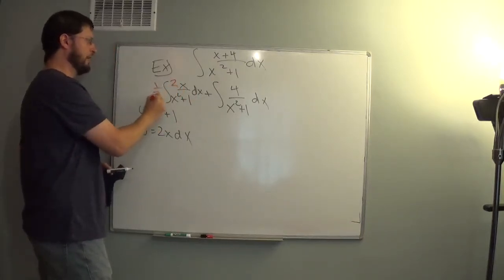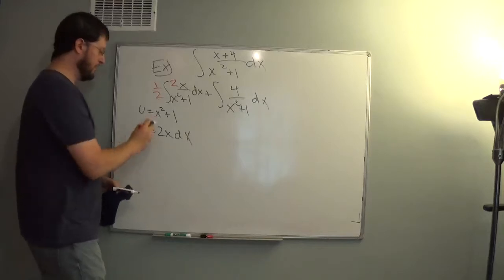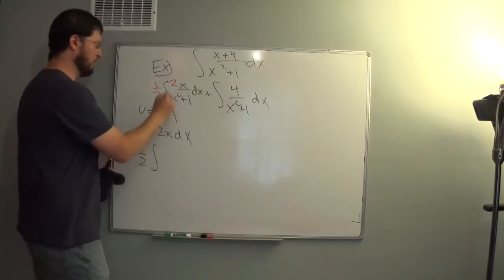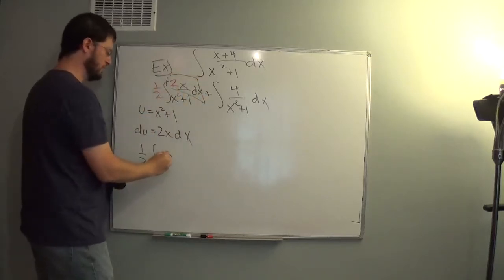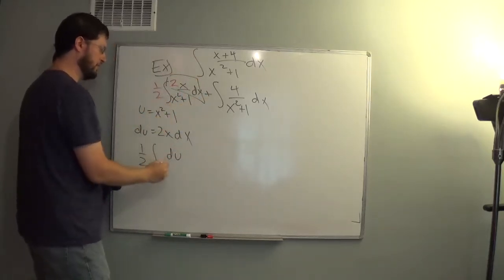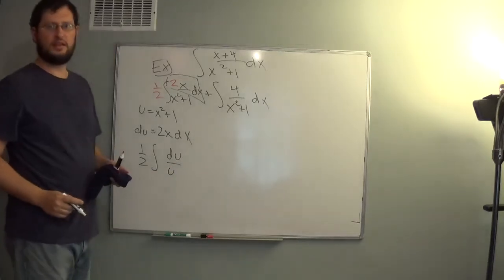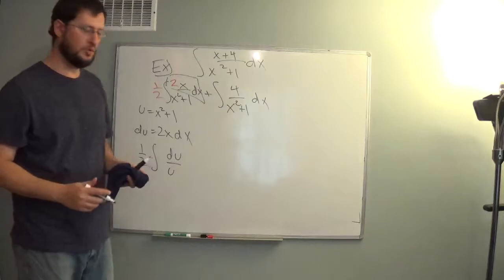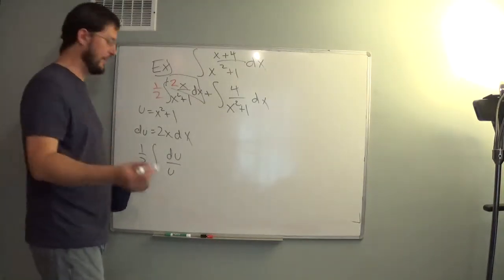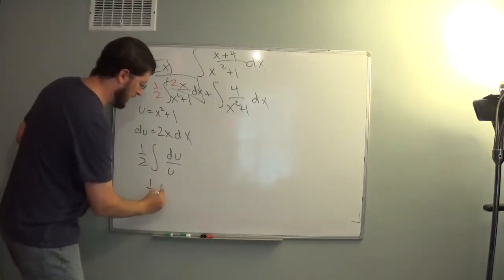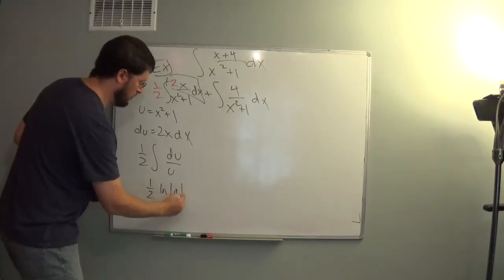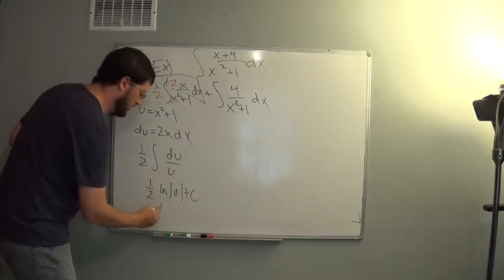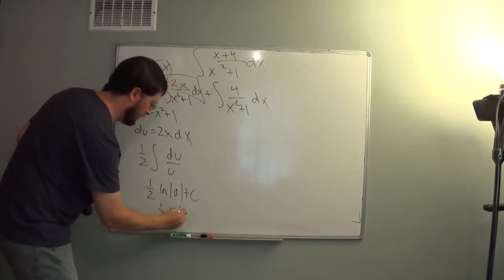I can make it 2x dx so that the integral is 1/2 integral of du over u. We've already seen that as well. That's 1 over u, du. 1 over u integrates to ln, so that's 1/2 ln absolute value of u. But u is x squared plus 1, so that's 1/2 ln absolute value of x squared plus 1.